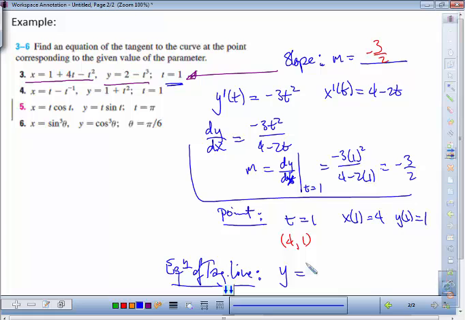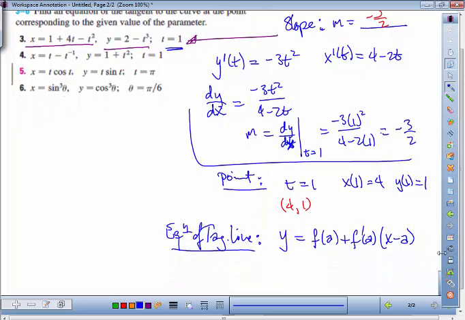What's the formula? This is probably not the best way to do this, but I'm going to write it anyways, because I want us to think back to Taylor polynomials. f of a plus f prime of a times x minus a. You should try to convince yourself that this is the equation of a tangent line.